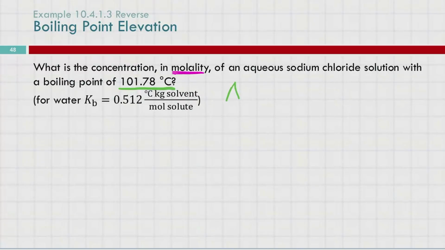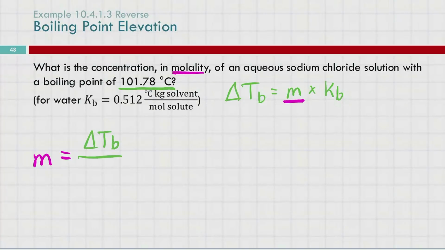We've got an equation, delta TB equals m times K sub B. We are trying to find molality. If we rearrange to solve for molality, molality equals delta TB over K sub B.